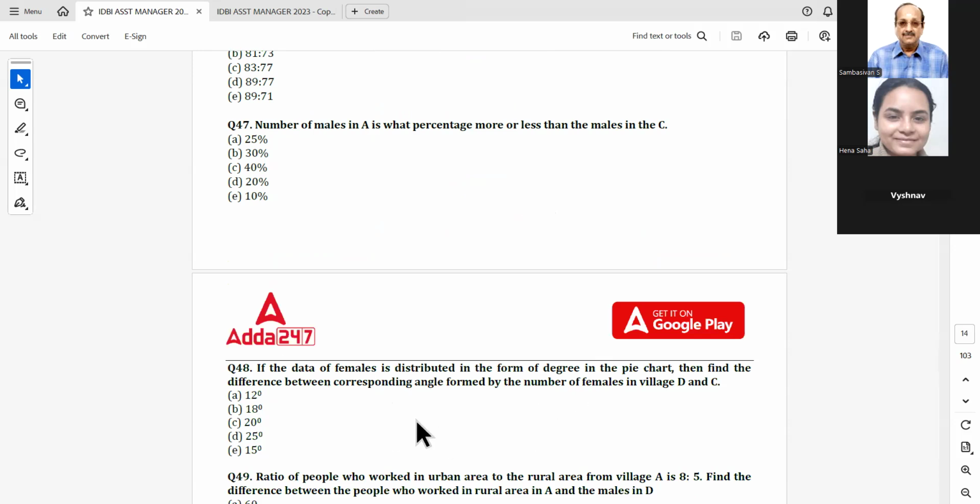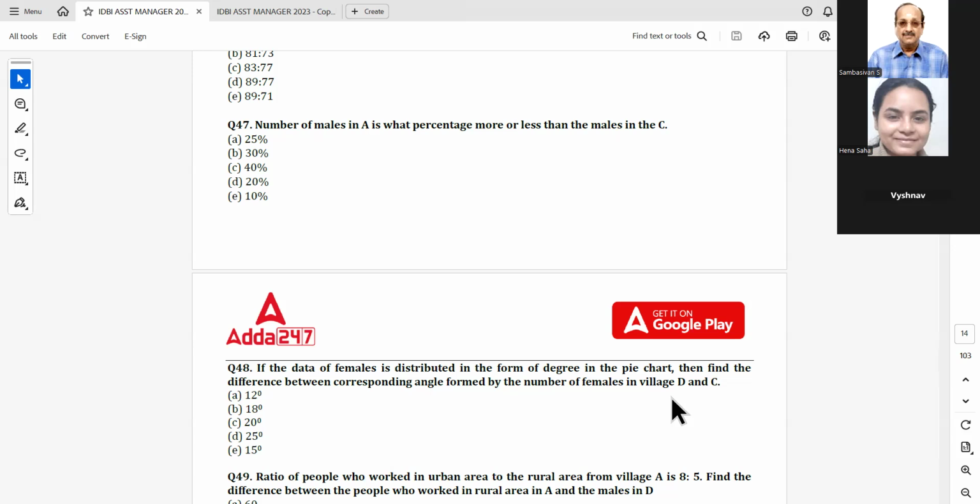If the data of females is distributed in the form of degrees in the pie chart, find the difference between the corresponding angle formed by the number of females in village D and C. Here, they want us to form a pie chart in percentage for women.